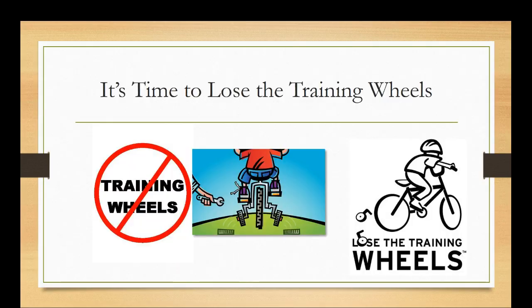So I like to refer to this section of the course as it's time to take off the training wheels, or time to lose the training wheels. From this point in the class so far, you've been working with pre-programmed templates where the author, me in this case, has started the templates and you've been asked to finish them. So you haven't really had to worry a whole lot about appearance.